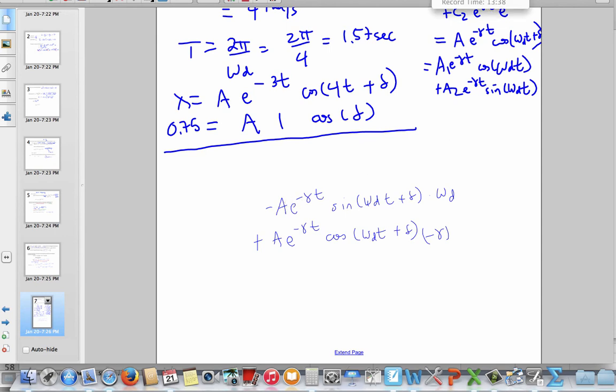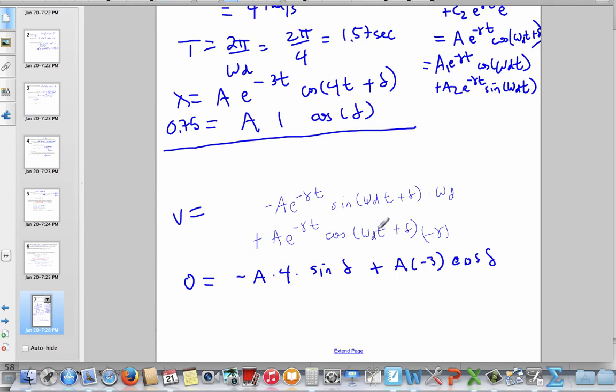Okay, so that was our velocity function. So we're going to put in time 0 and velocity 0, and what we know about the other variables. So time 0, that's just 1. A is unknown. Time 0, the cosine part disappears, so that's just sine delta, and omega damped is 4. So that's that first term there. That's the velocity being 0. This is A, this is 1, this is cos delta, and then gamma is 3. So we end up with this equation here.